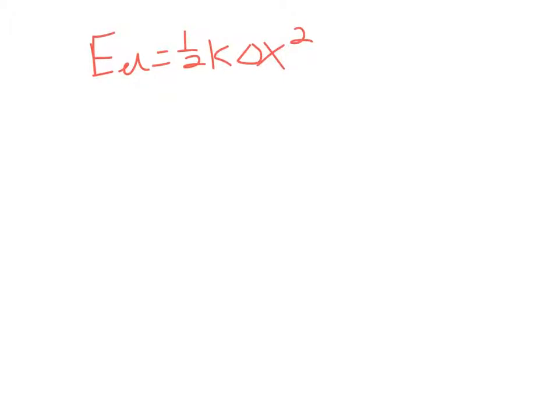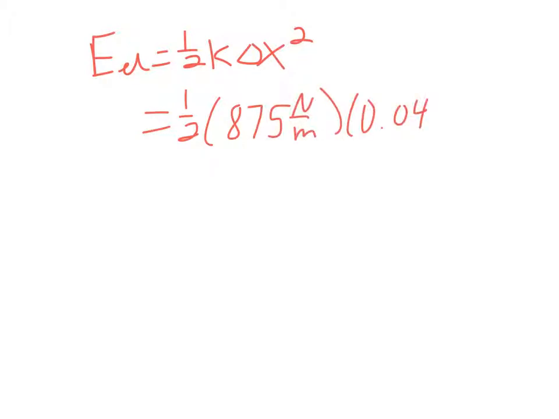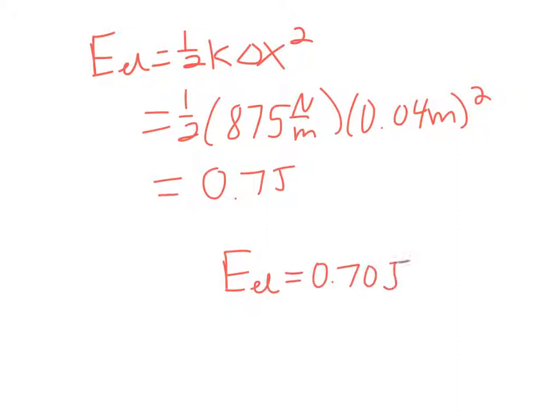We just found K in part A, we were given delta x, so this equals 1/2, using the unrounded number, 875 newtons per meter times 0.04 meters squared. And multiplying these together, we get 0.7 joules. 2 sig figs, EEL equals 0.70 joules.